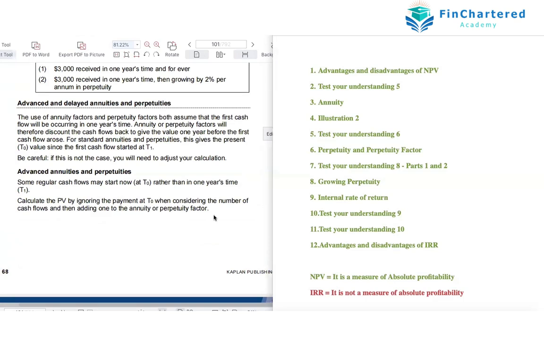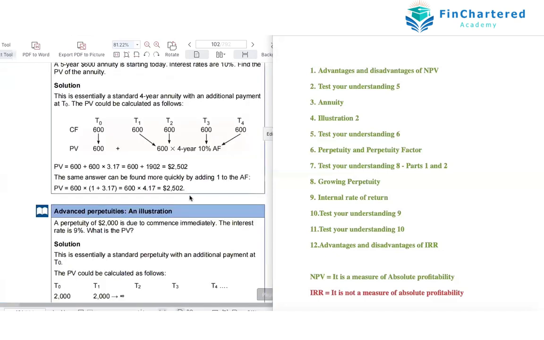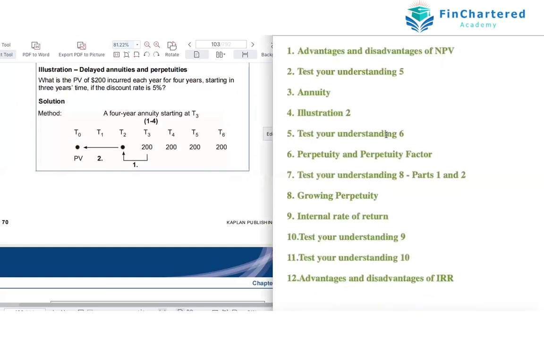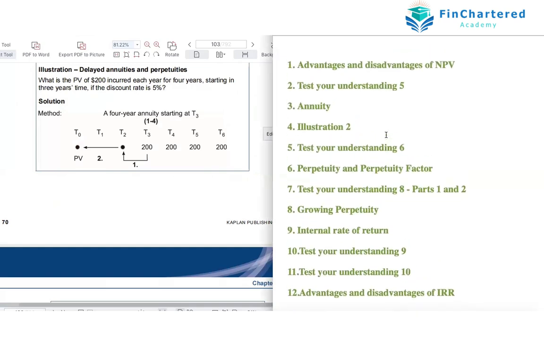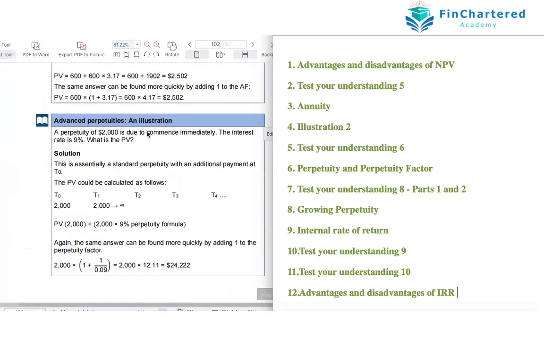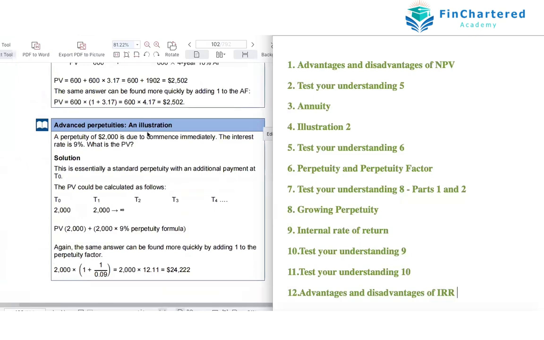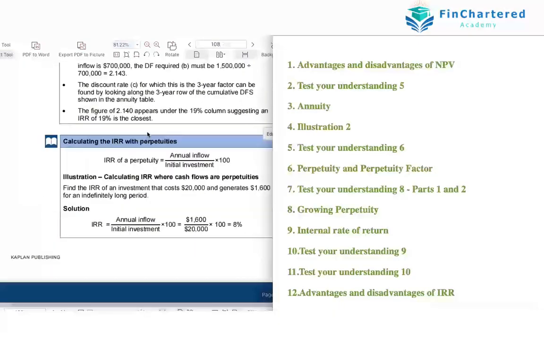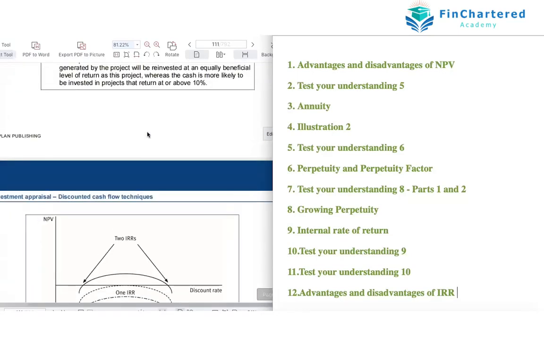That's why I haven't done advanced and delayed annuities and perpetuities and also two IRRs, because you are just getting the hang of one IRR and already we're talking about two IRRs. I don't want that to happen. So make sure you are comfortable with this much, and then it will make sense to look at advanced annuities, perpetuities, delayed annuities, perpetuities, and also the possibility of having two IRRs.